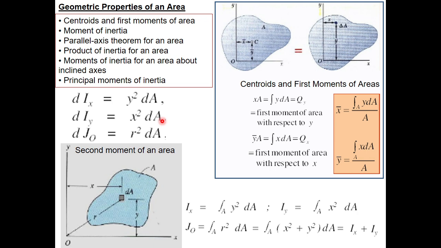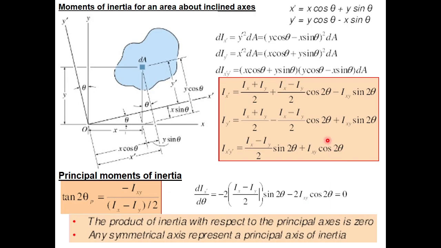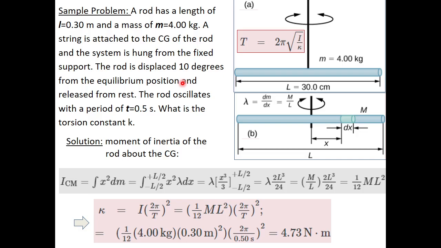So this area moment of inertia is a function of the orientation of the axis. If we rotate it, we will get a different value. And then there are certain directions for which this moment of area will be maximum or minimum.